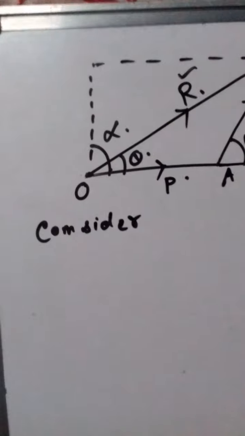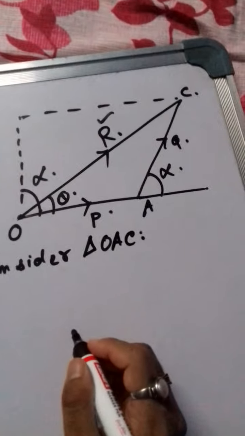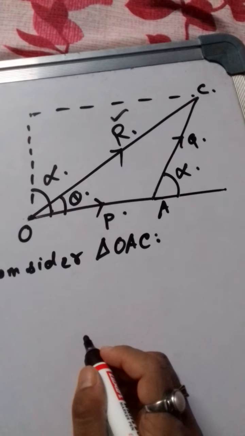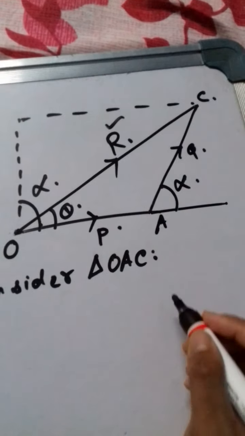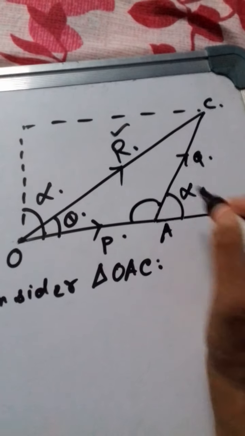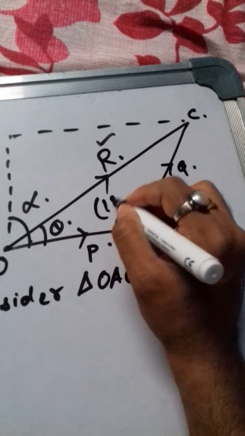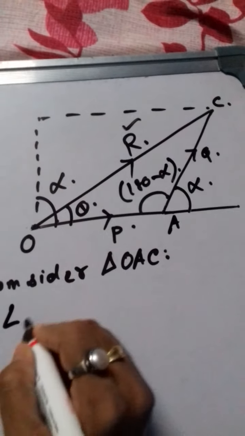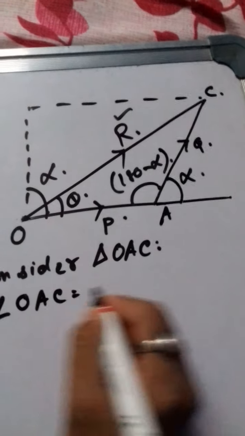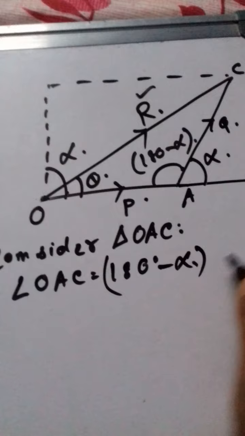In triangle OAC, if this is equal to theta and this is equal to alpha, what can be this angle? The total is 180. So this is equal to 180 minus alpha. So angle OAC is equal to 180 degree minus alpha.